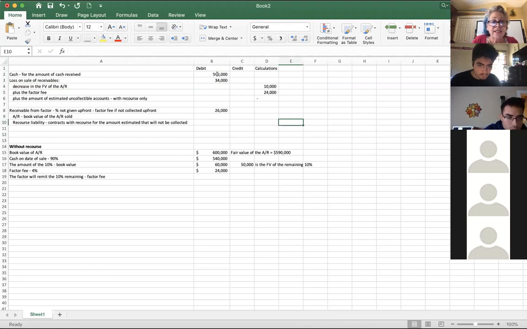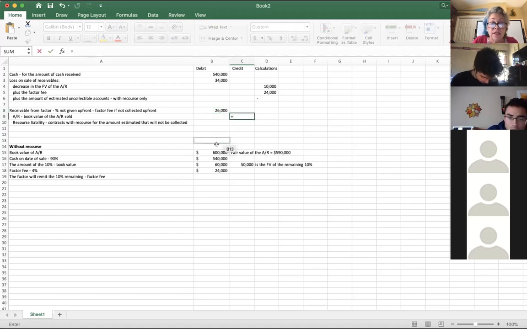Okay, so I've got a debit of 540,000 to cash. I've got a debit to the loss on my receivables, which is the sum of the three conditions that affect my loss. My receivable from my factor was the fair value of the 10% remaining, 50,000, minus my factor fee. The accounts receivable is the book value of the receivables that you sold.